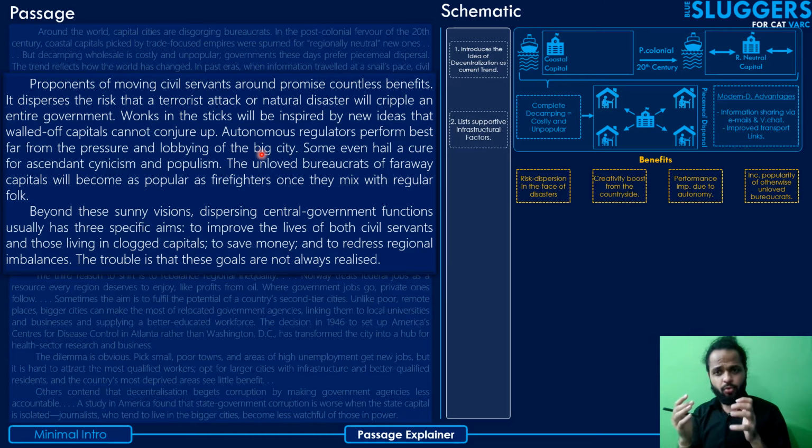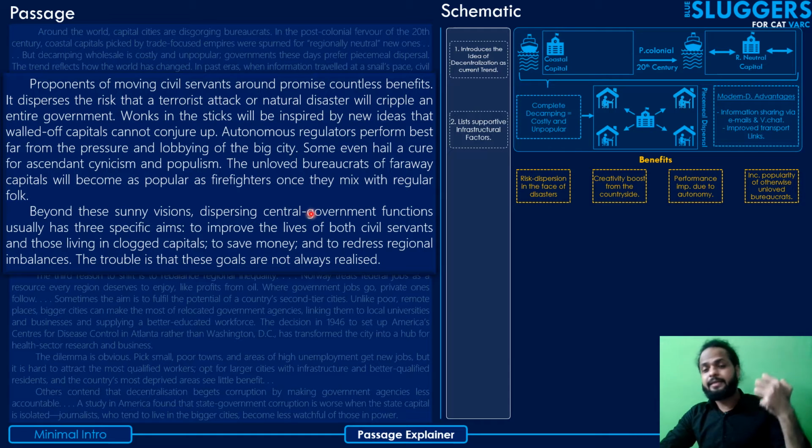They are generally rude. They are not very approachable, right? That's the general notion, or the kind of attributes that we relate with government officials. Okay, that's what the author means when he says ascendant cynicism and populism, right?